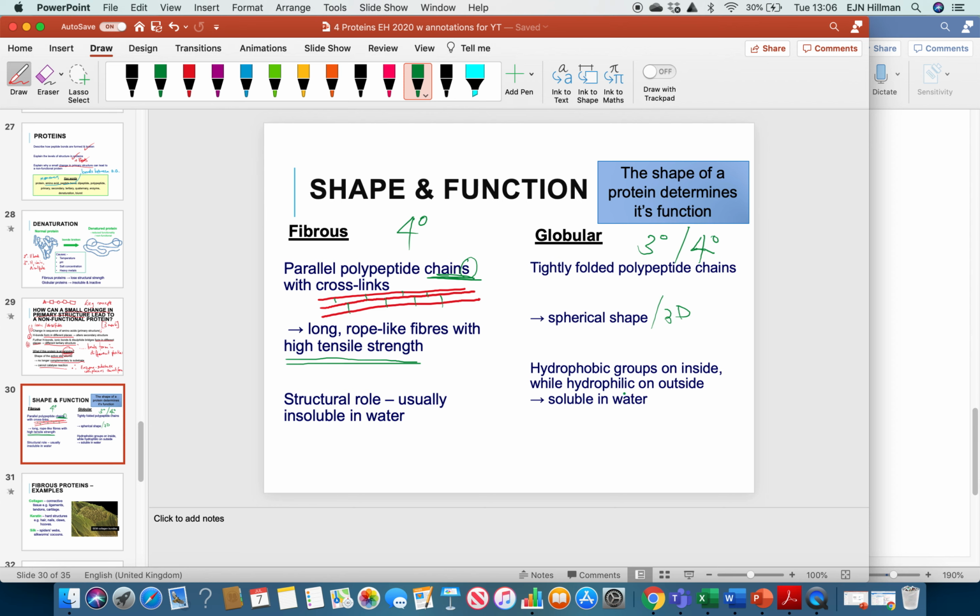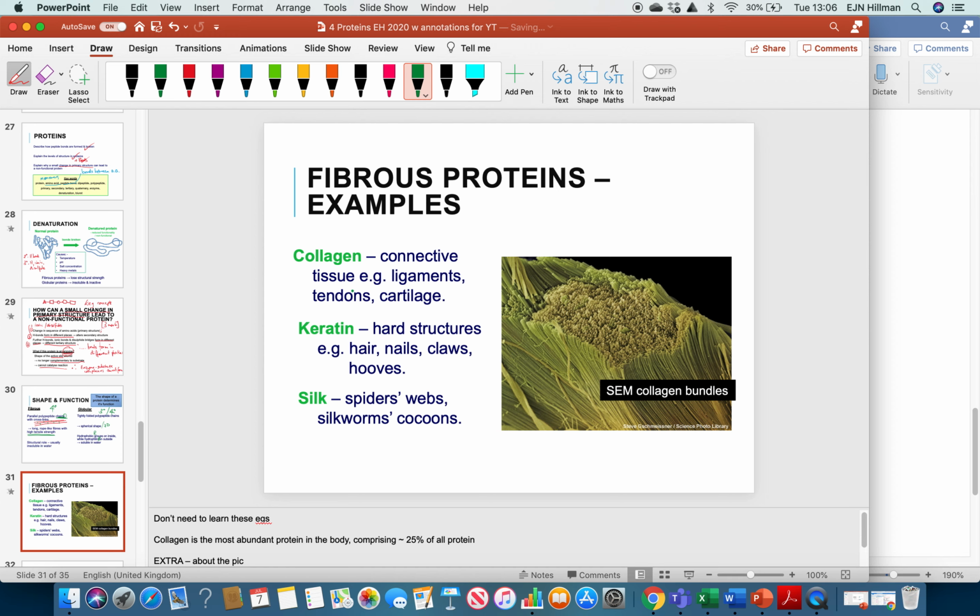Okay. Now, it's important to remember then that the shape of the protein determines its function. The shape of the protein derives from that primary structure, the sequence of amino acids in the polypeptide. Some examples, you don't need to remember these, but these are some common examples. So collagen, found in connective tissues and ligaments, tendons and cartilage.